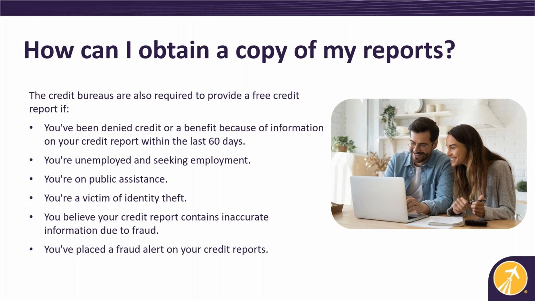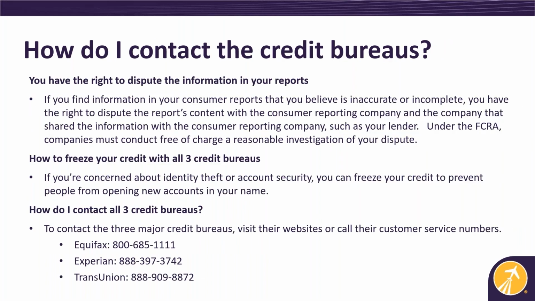And then finally, I mentioned you can always contact the credit bureaus. I've listed some of the key provisions here when you want to obtain a report. So when you're thinking about identity theft, a fraud alert, we can always obtain that information from the credit bureaus. And then you have the right to dispute, to initiate a freeze.